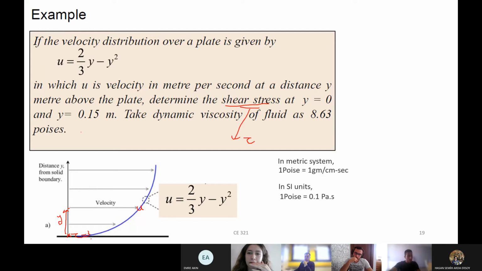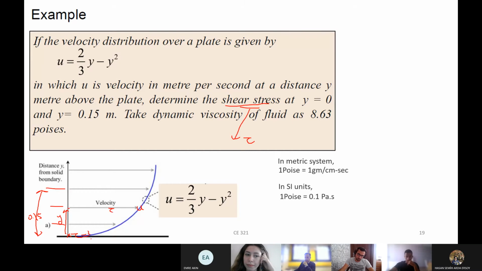And when y equals 0.15, for example, if let's say each of them here is 0.5, I assumed, so from here to here is 0.15, yes. Shear stress where? Here.